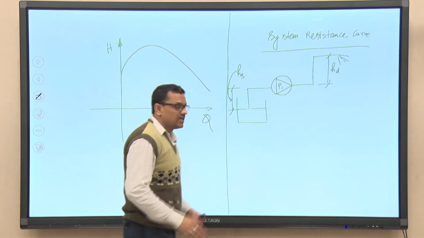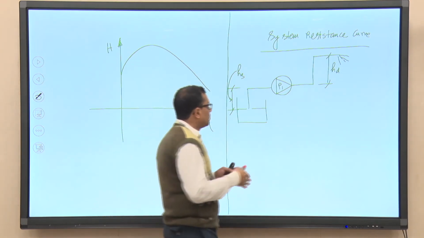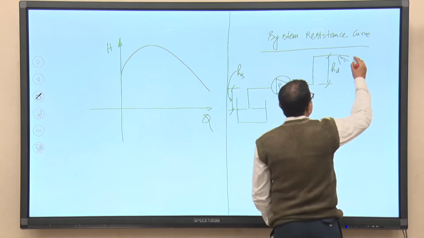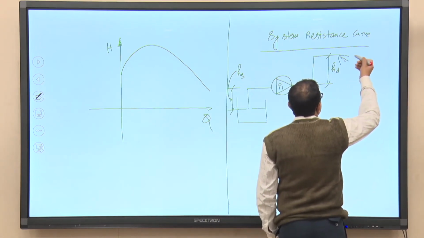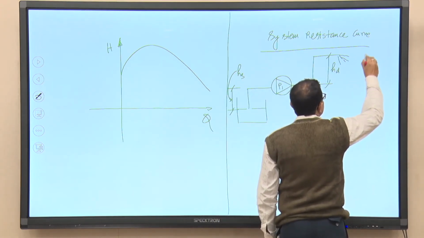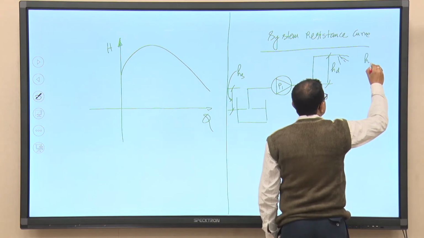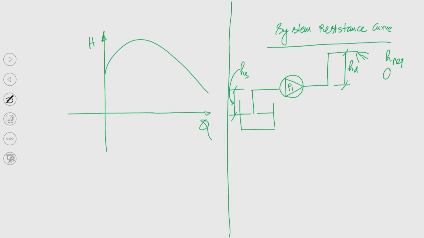Now, the question is, if we need to supply water here, the total head here will be the requirement, H_r and Q_r. So, these are the requirements at this delivery point.